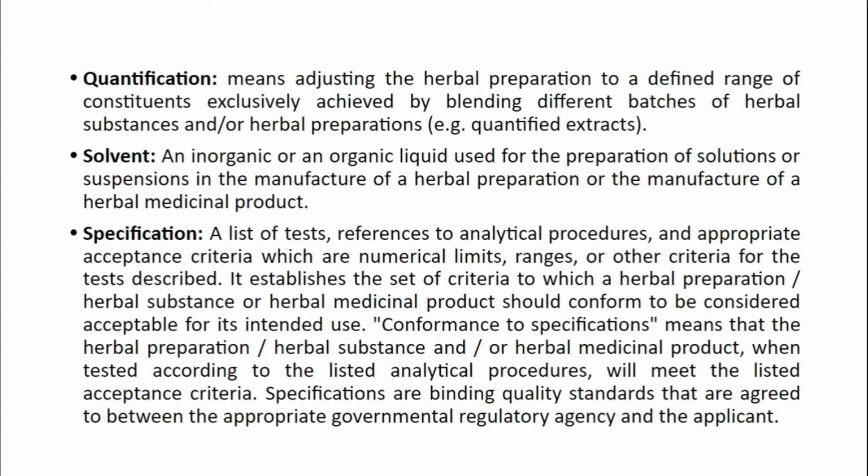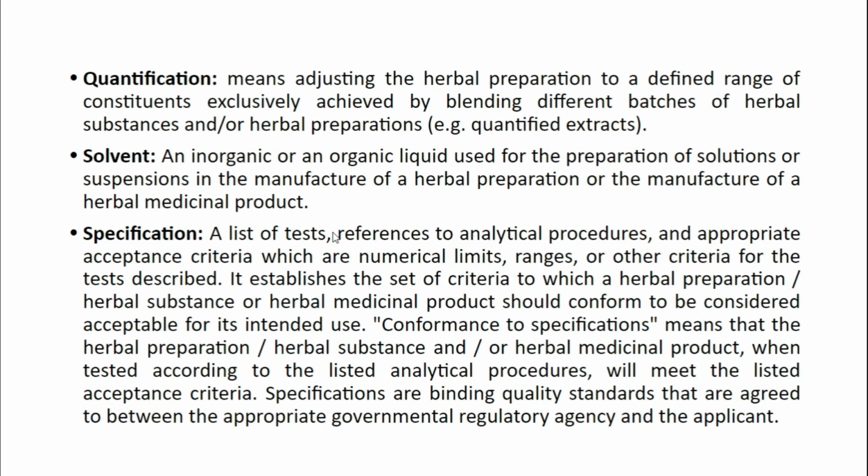These are common, inorganic and organic, like benzene, or aqueous sodium hydroxide. These are used to prepare solution or suspension to manufacture herbal preparation or a herbal medicinal product. When we make herbal preparation or herbal medicinal product, we use this type of solvents.